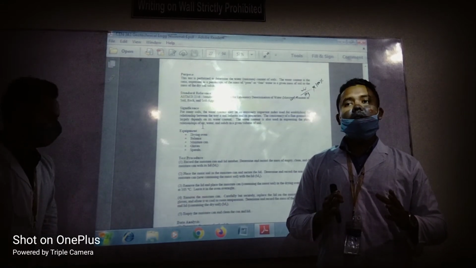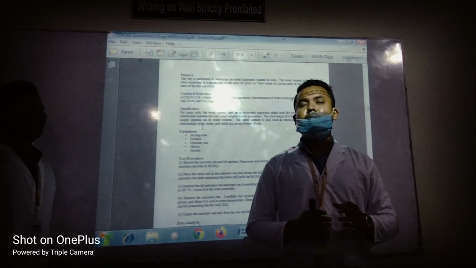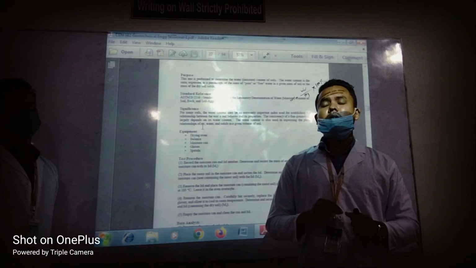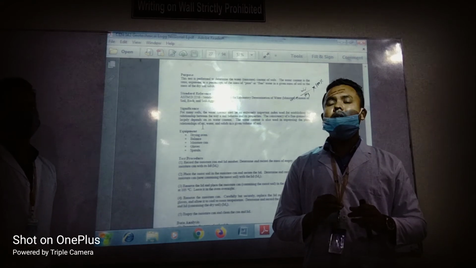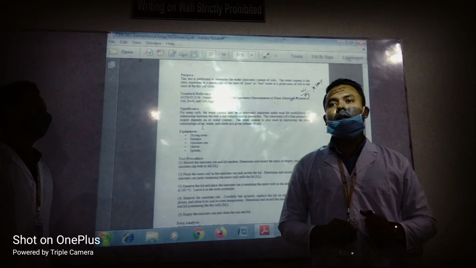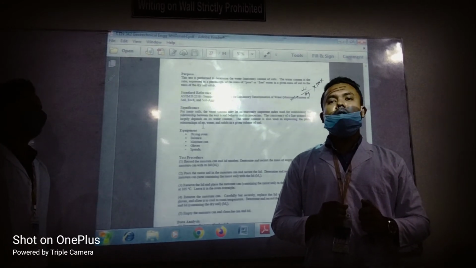To establish a structure, we also need to know the moisture content, because when the load comes onto the structure, the soil is compressed and reduces its water content. So we need to know the water content to test the soil.